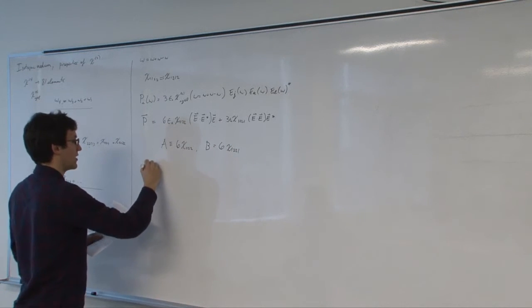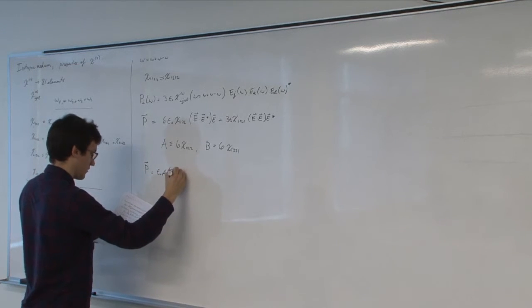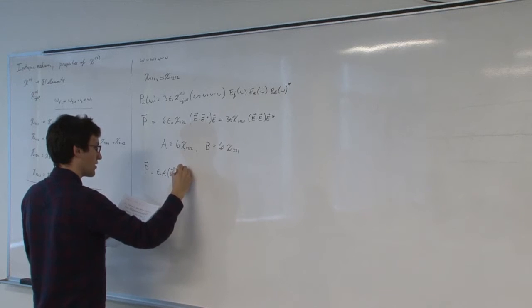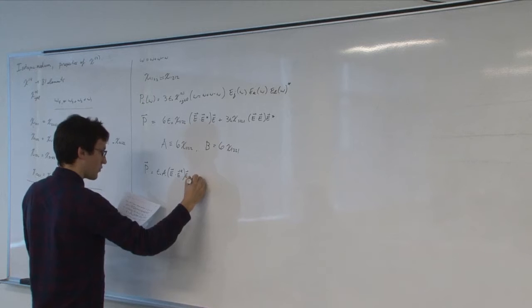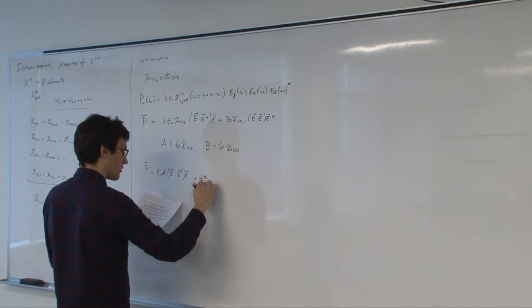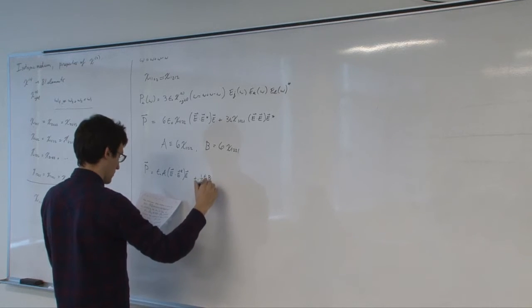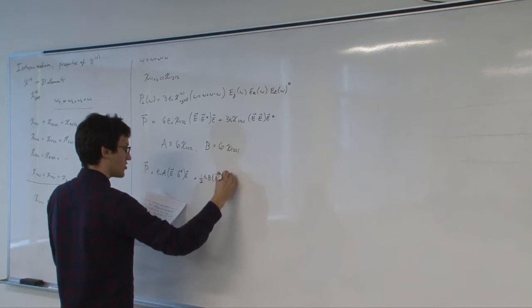So I can write P as epsilon naught A E times E star E plus 1/2 epsilon naught B E. Am I writing large enough?